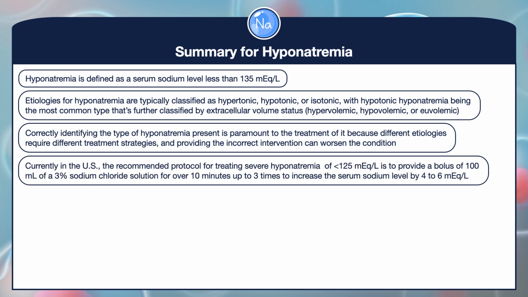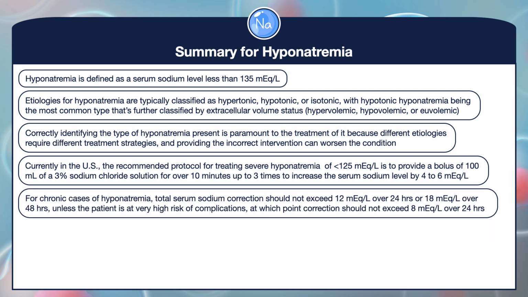Currently in the United States, the recommended protocol for treating severe hyponatremia of less than 125 milliequivalents per liter is to provide a bolus of 100 milliliters of a 3% sodium chloride solution over 10 minutes up to 3 times to increase the serum sodium level by 4 to 6 milliequivalents per liter.